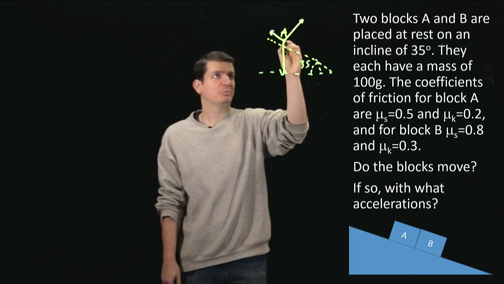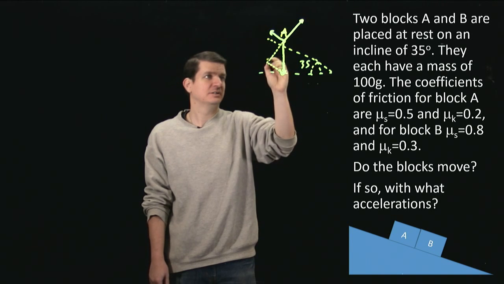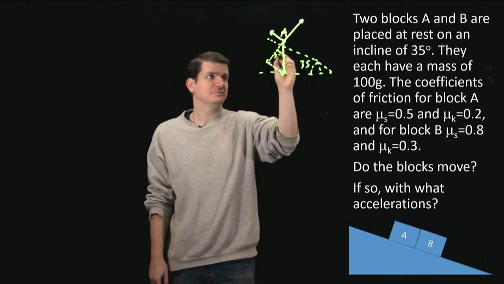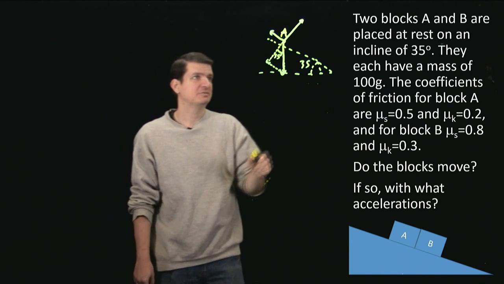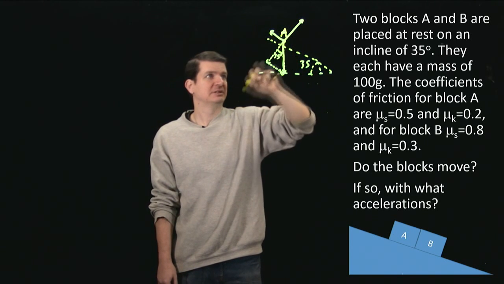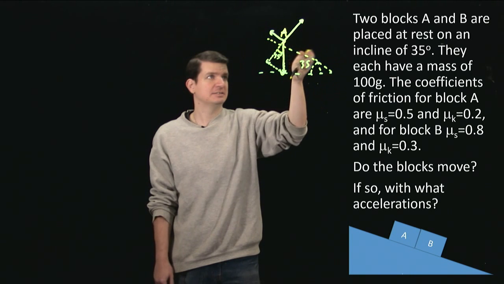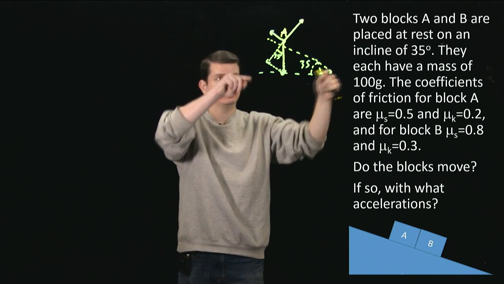So we can decompose gravity into two components. And this angle is also 35. Because I've taken this thing which was normal to this incline, and essentially I've rotated my coordinate axes in order to go from that to here. That's the same as rotating this one to there.